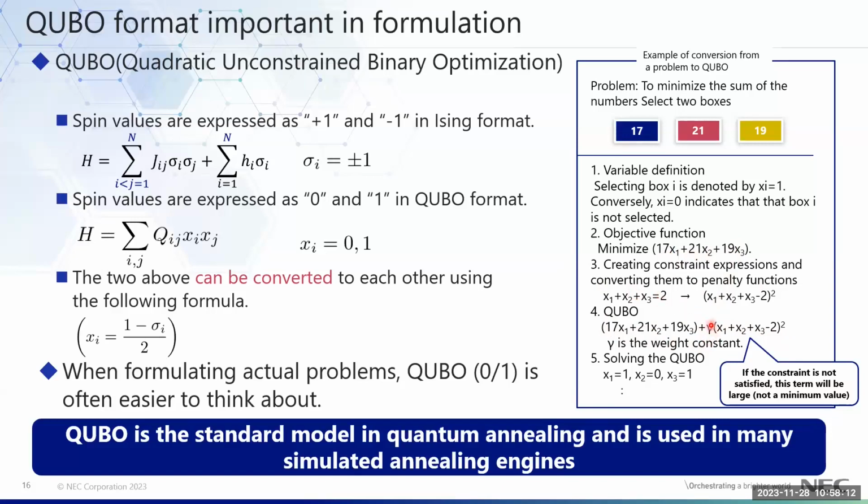The idea is to also introduce a weight constant. If this constraint is not satisfied, we would want this to be a large value, so that it adds to the final sum, and it will not be a minimum value, which is why we introduced this idea of a penalty function.